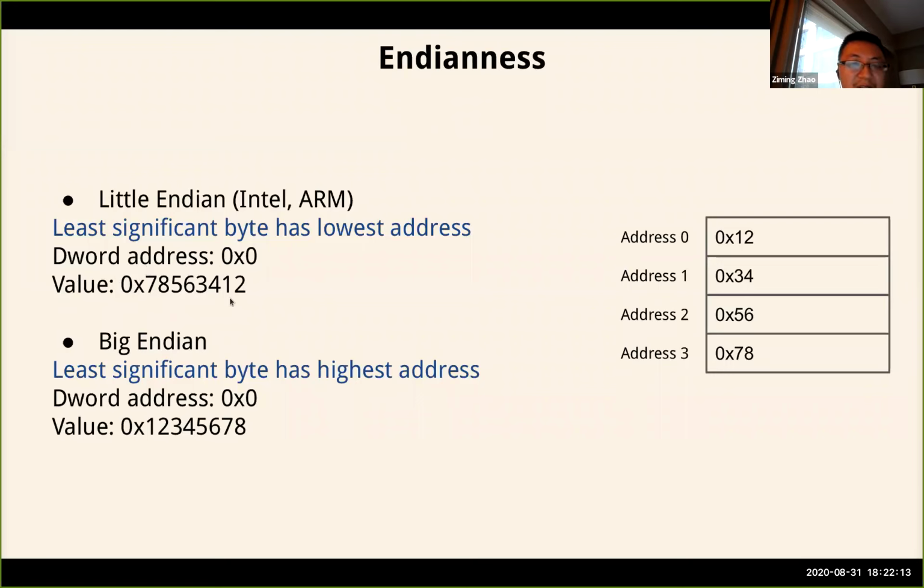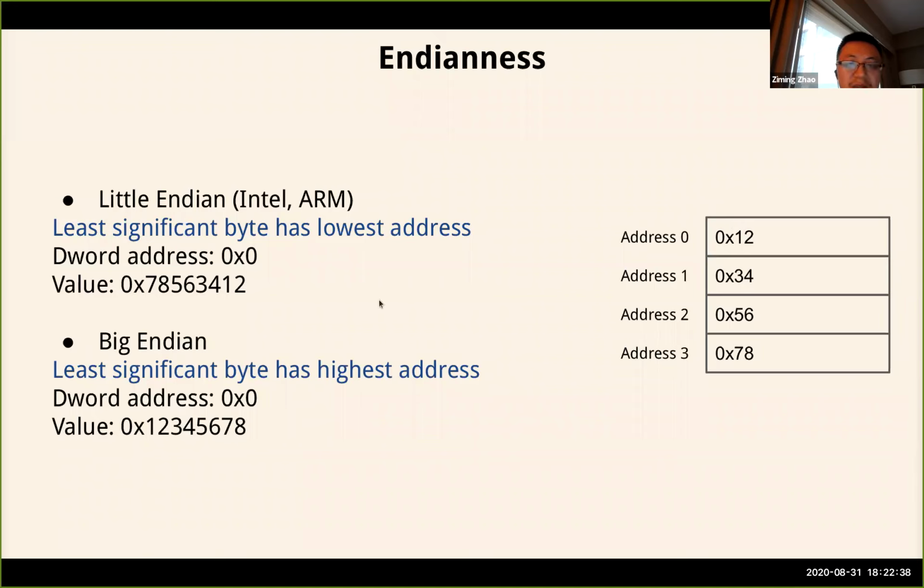The least significant byte is 12 in hex. If we store this in 4 bytes starting at memory address 0, for a little endian system, the least significant byte always goes at the lowest address, which means 12 in hex is stored in address 0.